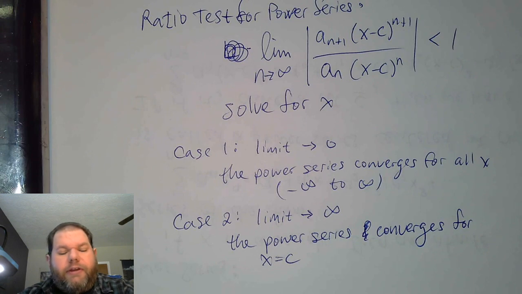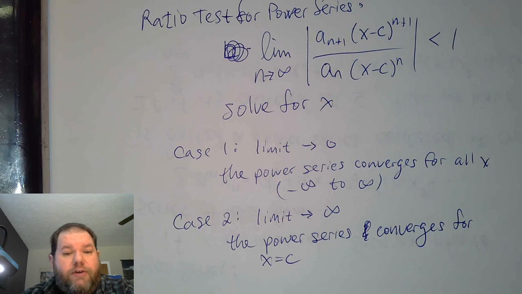Which is really not that helpful because it only converges at the center. It doesn't tell us anything at all. It should converge at the center by the very way that we created the power series in the first place. So this is essentially a trivial case because it diverges for everything that we're interested in.